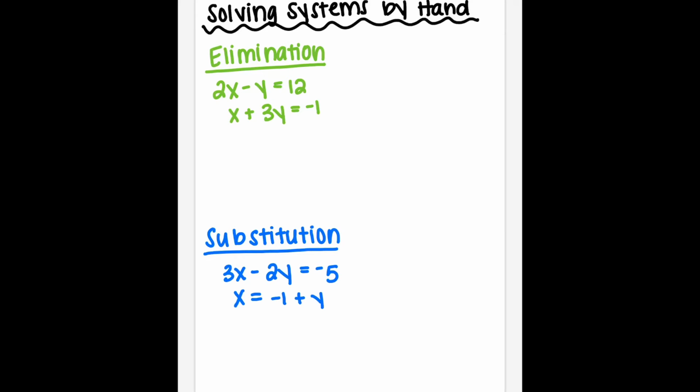So now let's look at some examples of solving systems by hand. We'll do elimination first. So we have a system here of two linear equations, and we need to use elimination to solve them because they are both in standard form.